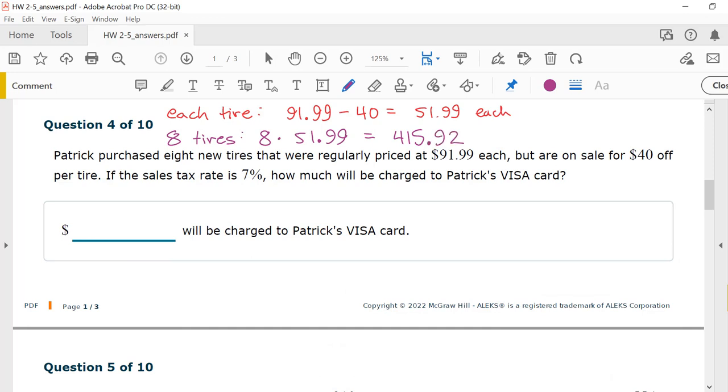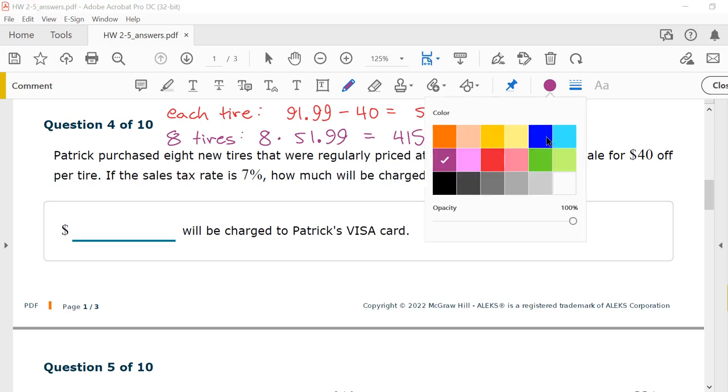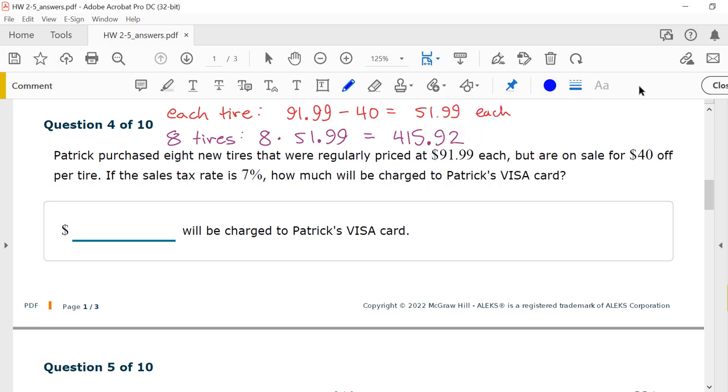That's how much he gets charged for the 8 tires, but there's also a sales tax of 7%. So my next question is, what is 7% of $415.92?